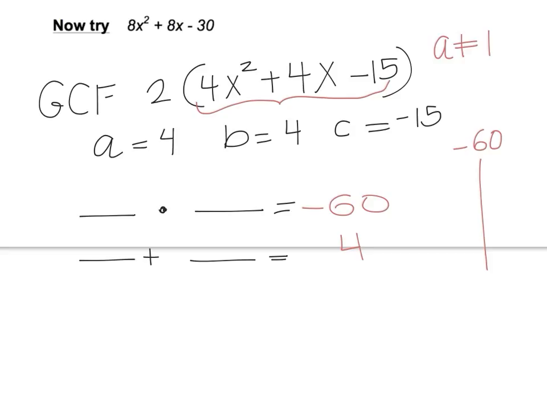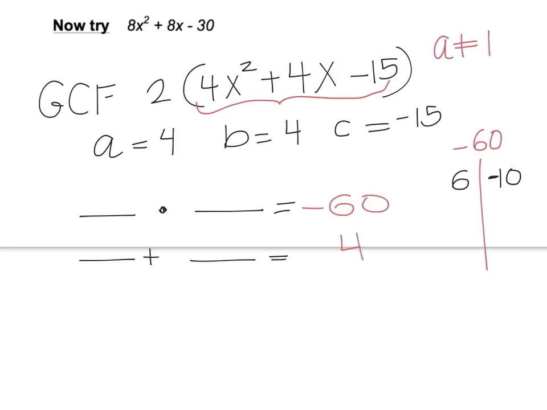So what multiplies to give me negative 60? I can directly jump to 6 and 10, because I know 6 times 10 is 60. And since it's a negative 60, then one of those numbers, the 10 and the 6, has to be a negative. So 6 times 10 is a 60. I want a negative 60, so I'm going to put one of them to be the negative. 6 times negative 10 is a negative 60 now.